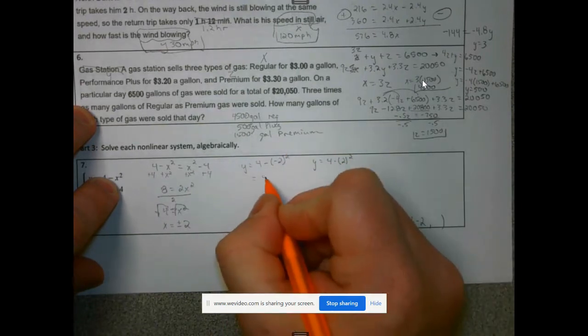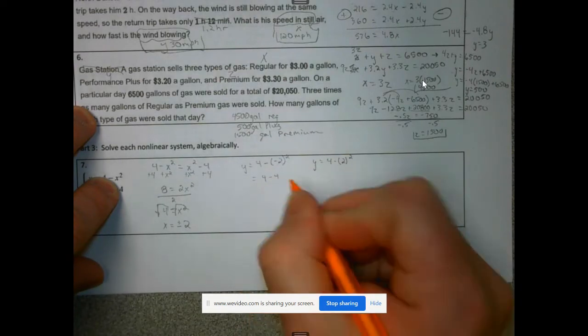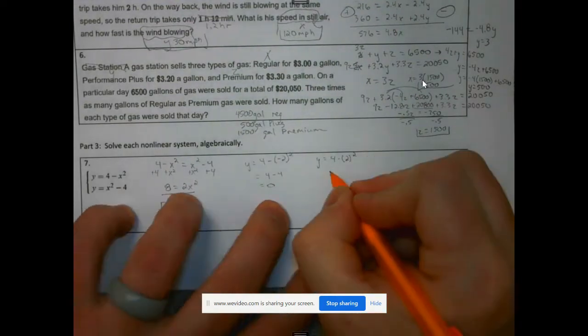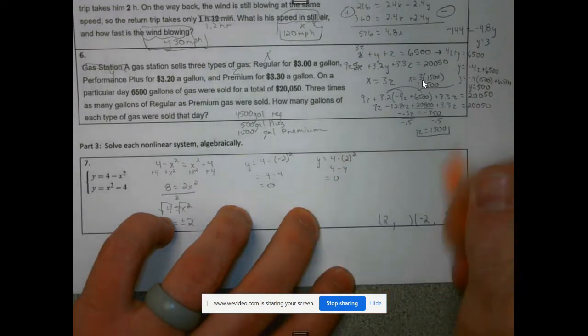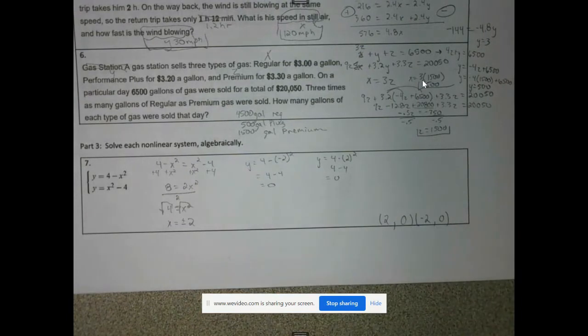Okay, so negative 2 squared is 4, so 4 minus 4 is 0. And you have 2 squared is 4, 4 minus 4, so you get 0 as well. So you get 0 for both of them, but you have 2 different x values.